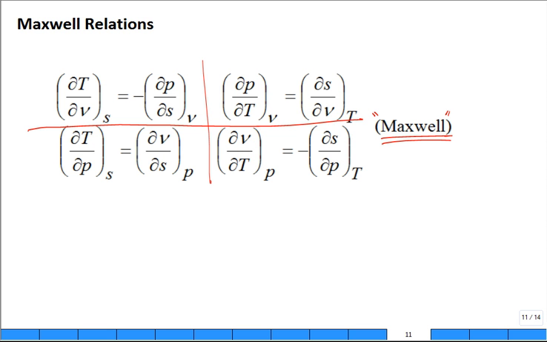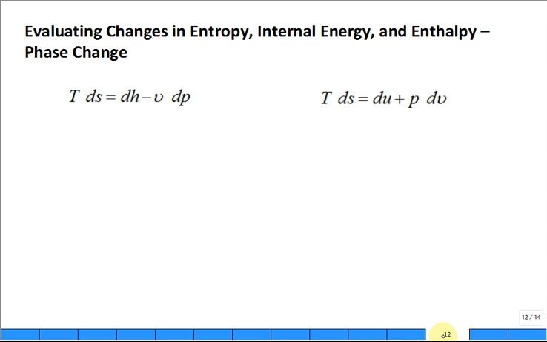It's just hard mathematics. But this is the fundamental building block by which some properties can be measured and others inferred from the measurements. Let's talk about how to evaluate. Remember, the hard part was how to get changes in entropy, in internal energy, and enthalpy.